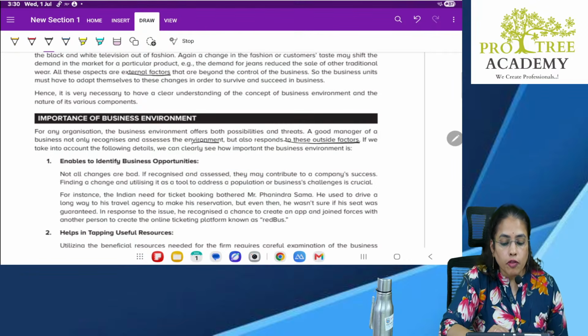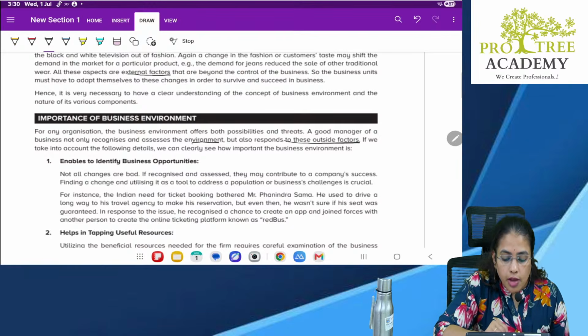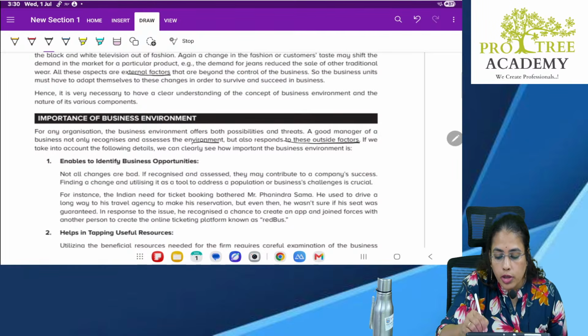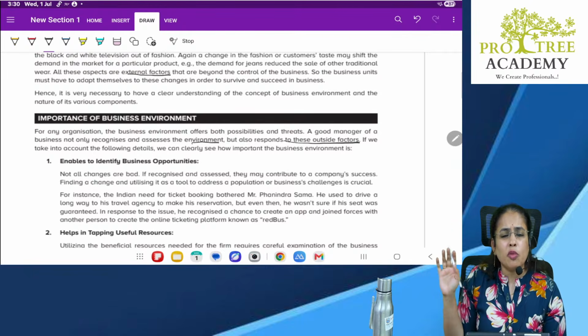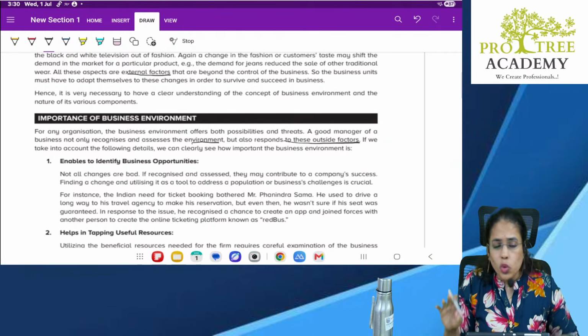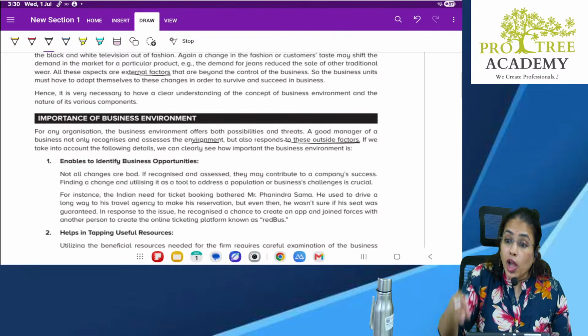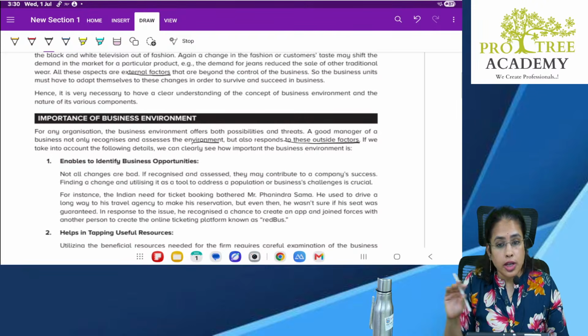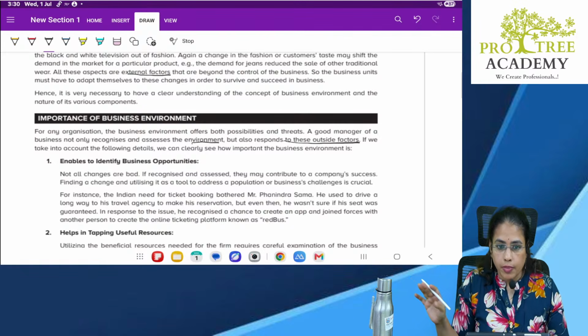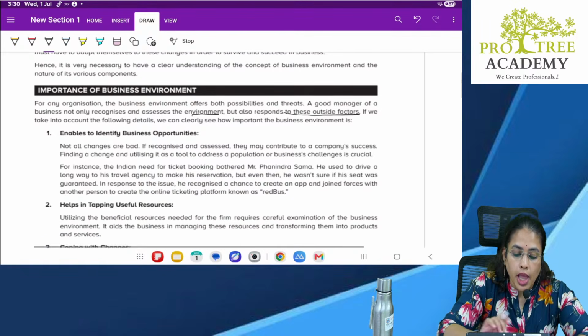If we take into account the following details, we can clearly see how important the business environment is. Only noticing the business environment is not enough. You notice everything, but you have to take action also. Without taking action, nothing will happen. So take action on it.